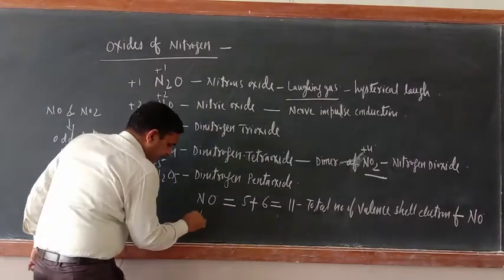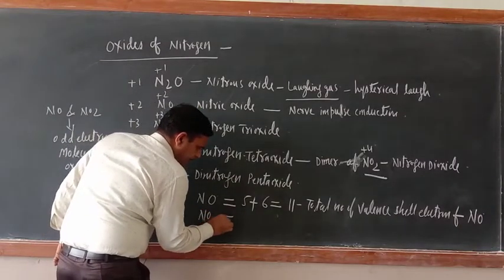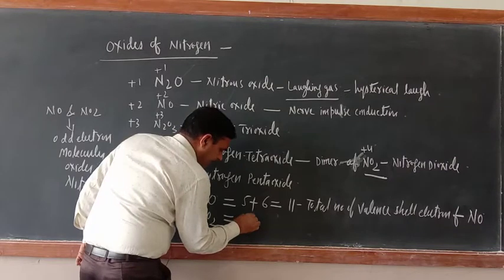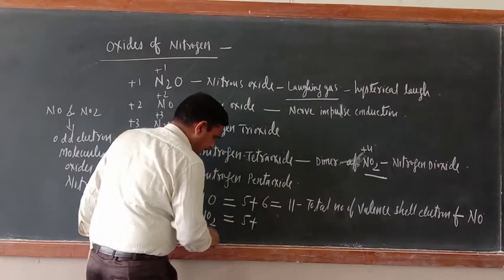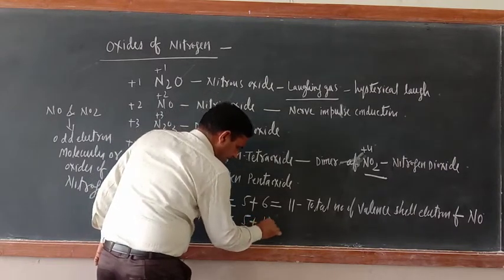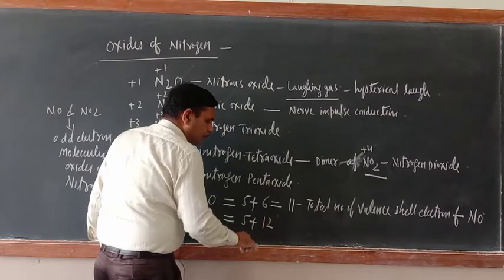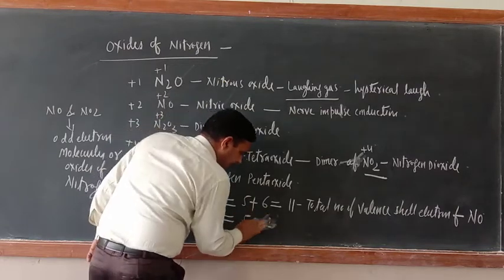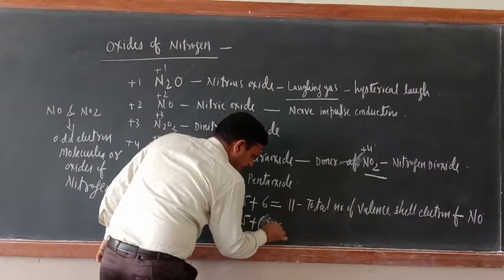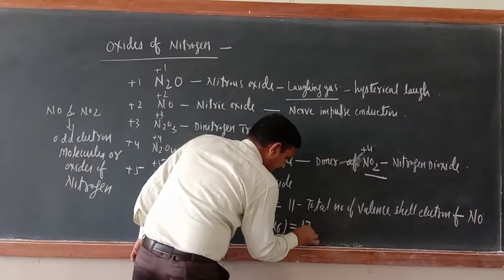Okay. Similarly NO2. So just try to understand. 5 valence shell electrons of nitrogen, then for 2 oxygen, so 2 into 6. You can write here 2 into 6. So total 17.